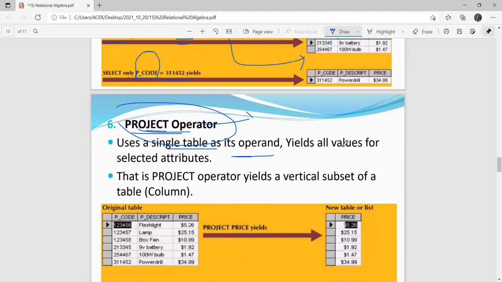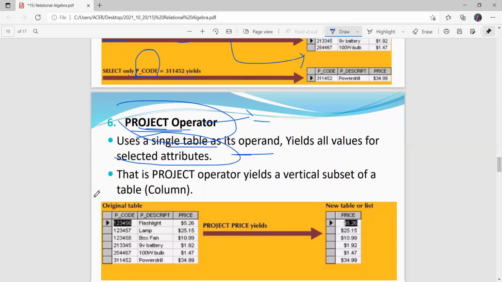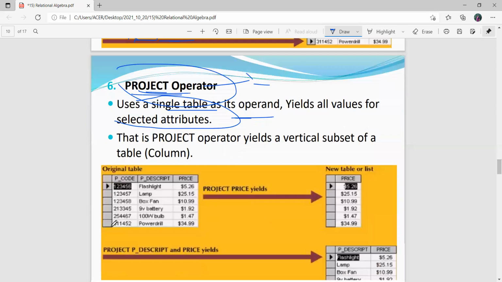In this case, it yields all the values for the selected attribute. The project operator gives the vertical subset of a table. So if you need to take the vertical subset, you can use the project operator. By using this project operator, you can take the vertical data set.